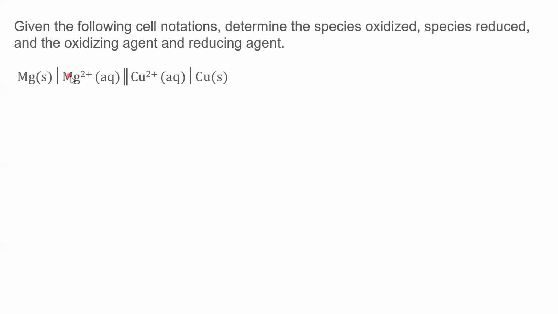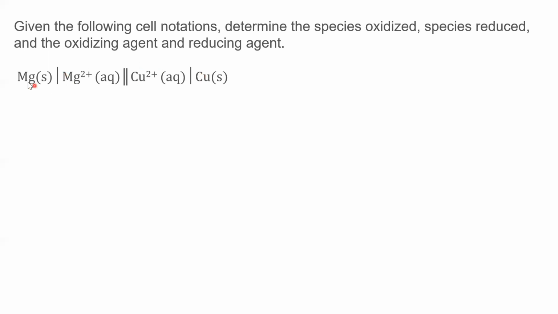Good, it's 0. What's the oxidation number on our magnesium ion? +2. So is the oxidation number going up or down for magnesium? Up, right? What's the oxidation state on our copper ion? 0. So is the oxidation state on copper going up or down?